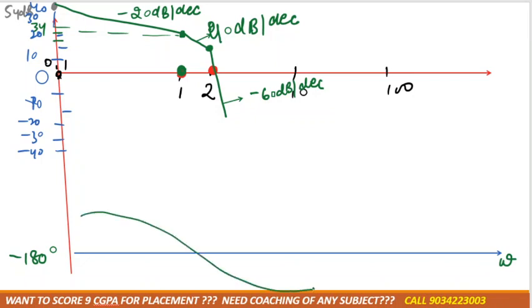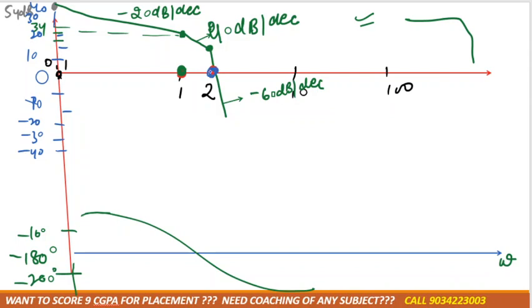Suppose our graph comes like this, this minus 180. It is always a curvy shape. The above one is a straight line like this, and the below one, the phase angle graph, is always of curved shape. Got it? Now see this, where it cuts over.